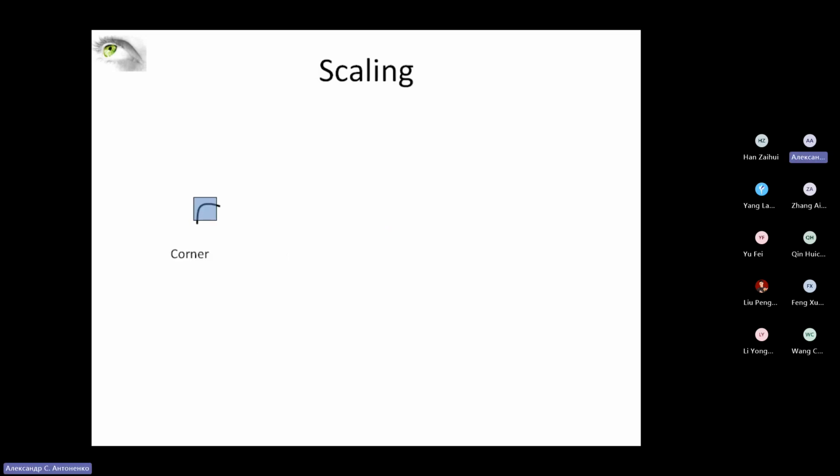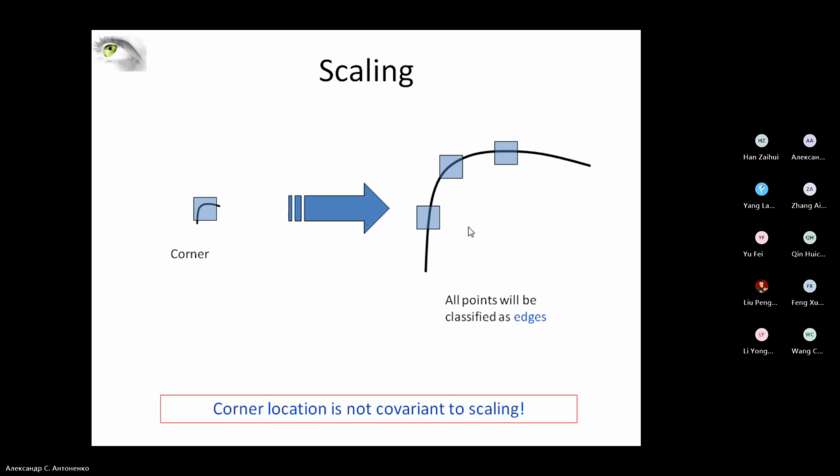And scaling: we have this corner, we scale it. Unfortunately, we have a problem. When the corner was quite small, we had a rapid change. But when we scale, it looks like this, and it's not as sharp as it was anymore.